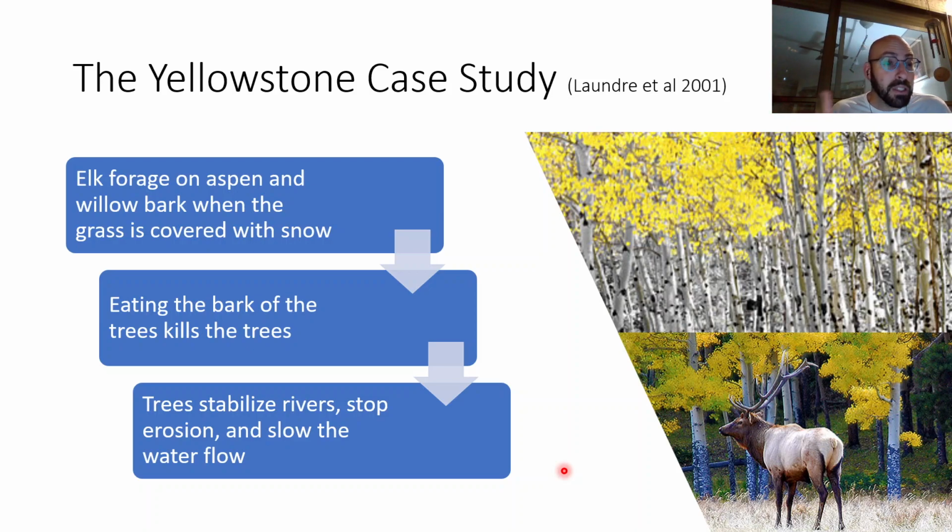The bark kills those trees, and those trees then cascade down and impact the physical environment, in this case the rivers. Essentially, when there are no willows and aspen trees around, the rivers flow faster and straighter and become colder, which changes what fish and insects can live in them.